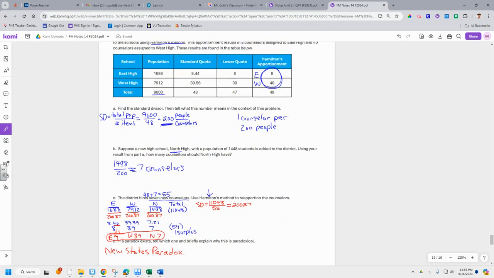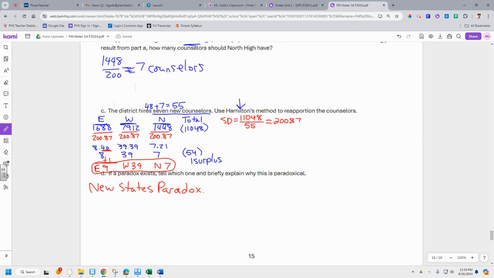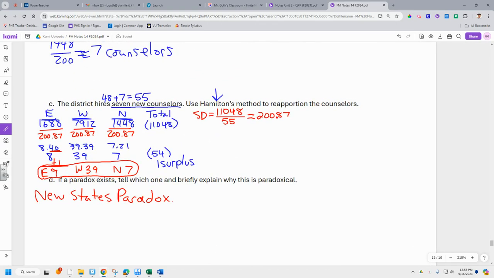So check it out. At the beginning of the problem, East got 8 and West got 40, but now East gets 9 and West gets 39. So that's kind of weird. We added 7 new counselors for this new high school. Why should that change the apportionment of the other schools that were already there?